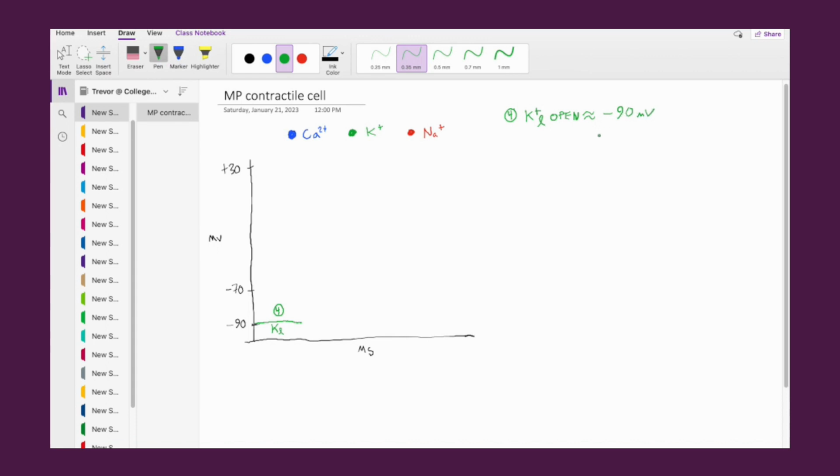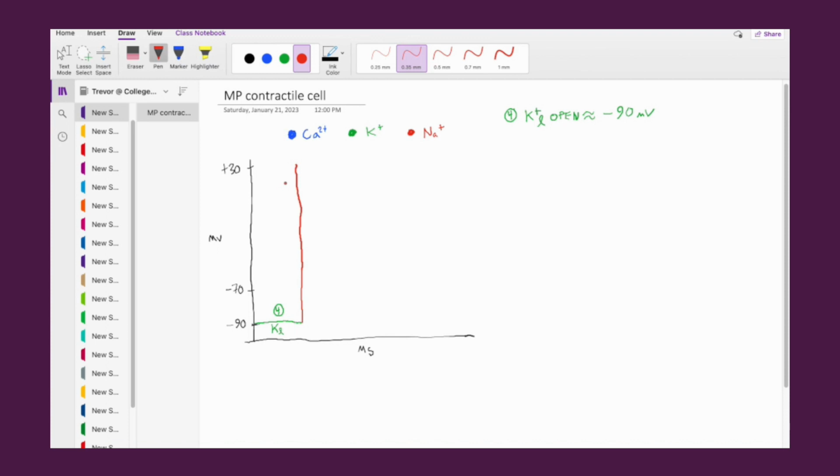But then we have that incoming depolarization from those autorhythmic cells. Now, this is going to involve a sodium flux. So we're going to have a voltage-gated sodium channel that is going to open now. So we're going to see this rapid depolarization. We're going to go all the way up to positive 30.